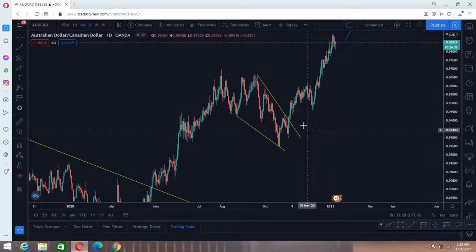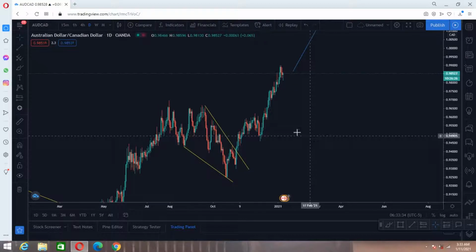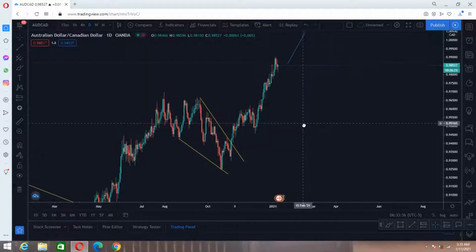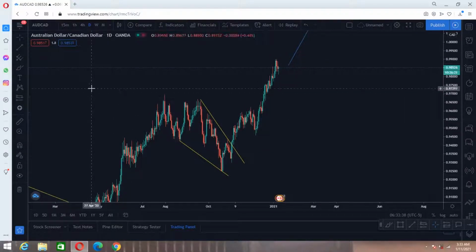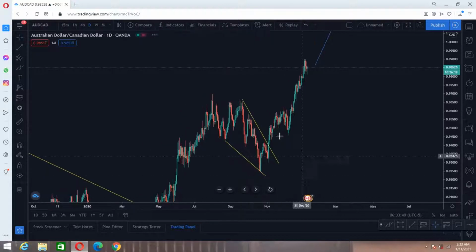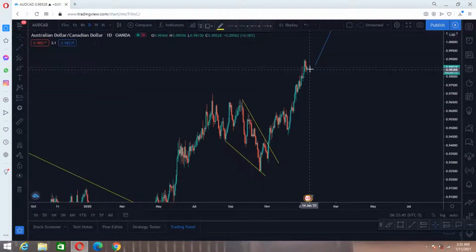As you can see, the price broke, came for retest. Now it's going to the upside. So what we're looking for now, as you can see, it's still going to the upside. So what we're looking for now is another continuation pattern.